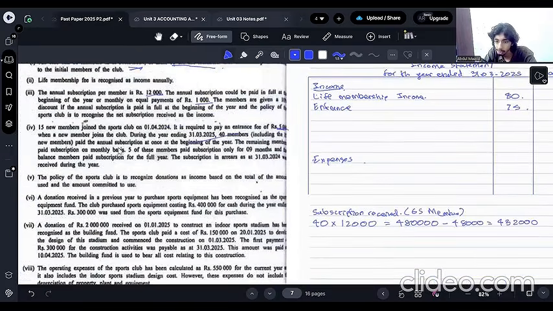Then the remaining members paid a subscription on monthly basis. 5 of these members paid subscription only for 9 months. That means 1,000 into 9 months, 9,000 each.